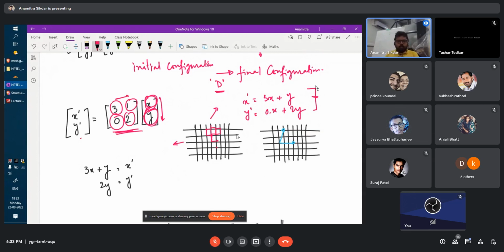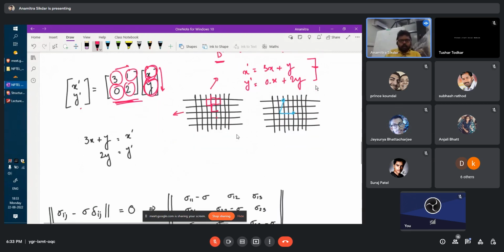If you want to know what is happening here, x dash is equal to 3x and 0x, and y dash is equal to y and 2y. The x components will be 3x and 0x, and the y components will be y and 2y. If you just add them up, you will get this equation.